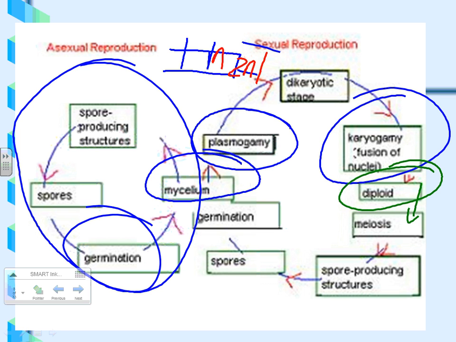Are those cells that are made exact copies of what it started with? They are not. They're genetically different. So meiosis is going to take a diploid cell, make four haploids, but also do what to the chromosomes? Mix them up, divide them in half. And the cells that are created after meiosis become spores, haploid spores.